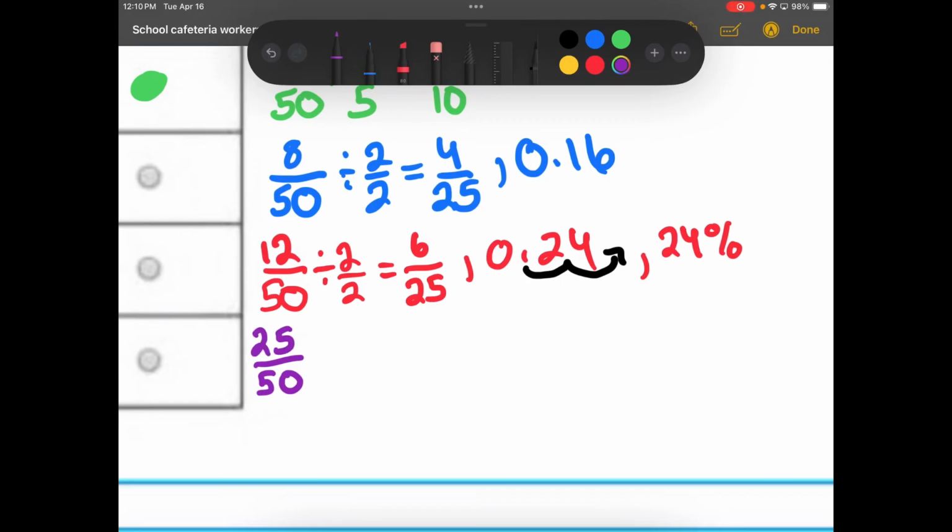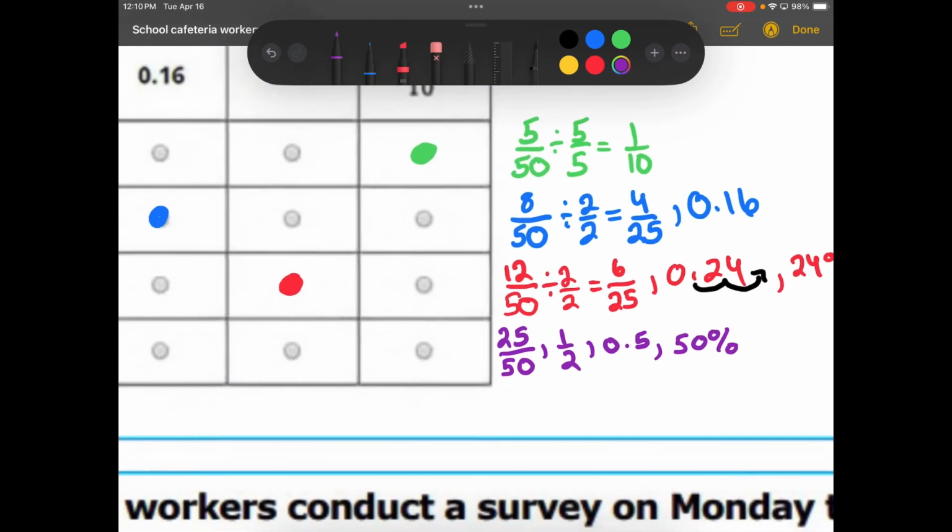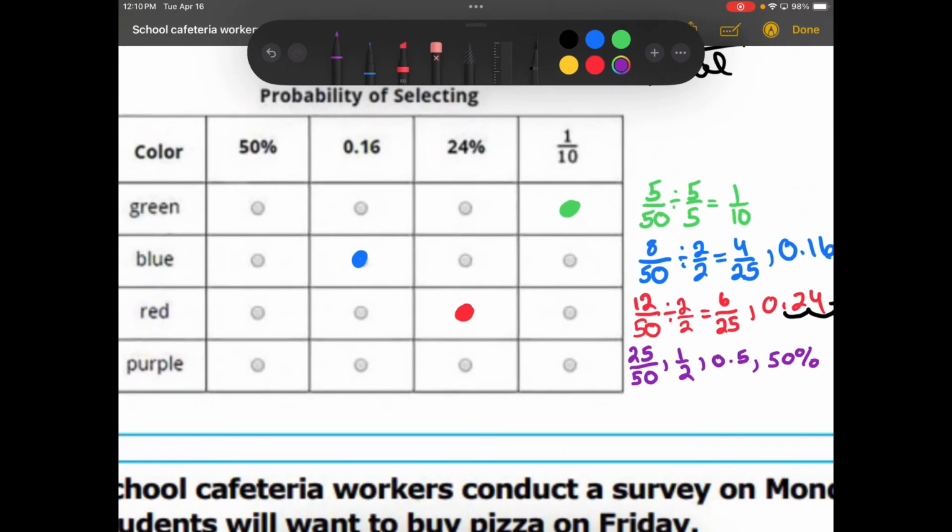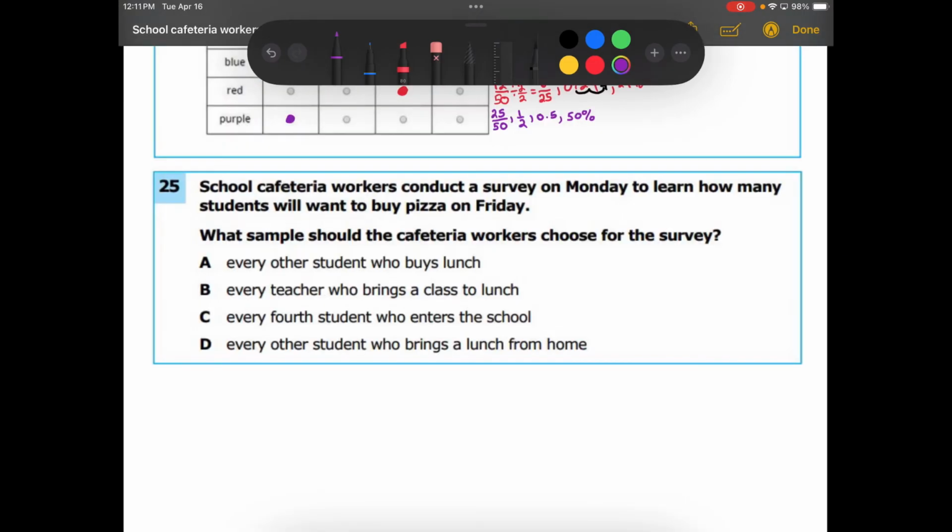It is not already simplified. What is 25 out of 50 simplified? 1/2. Very good. What is 1/2 as a decimal? 0.5. And then 0.5 as a percent? 50%. So let's look and see which one is up here. What's up here? 50%.